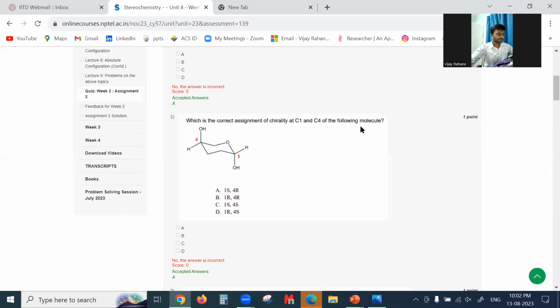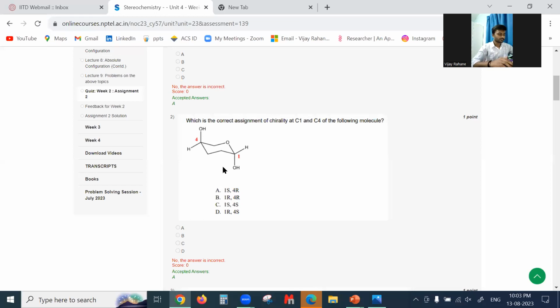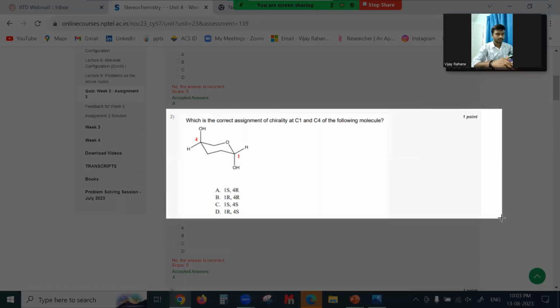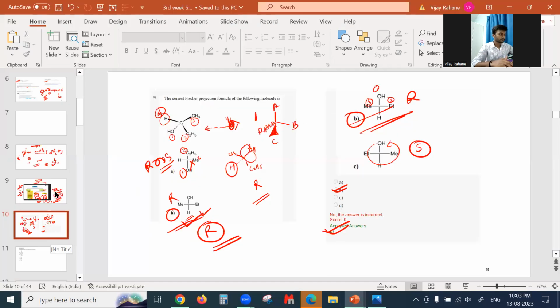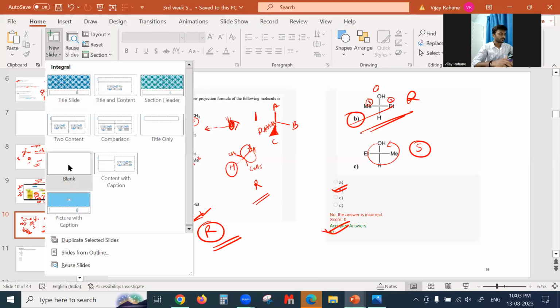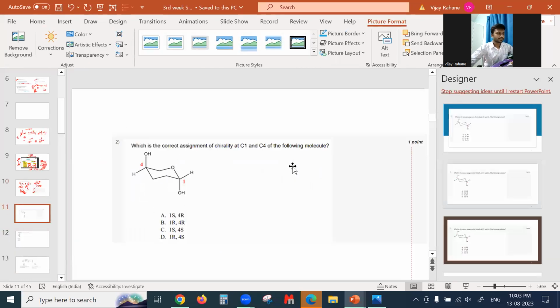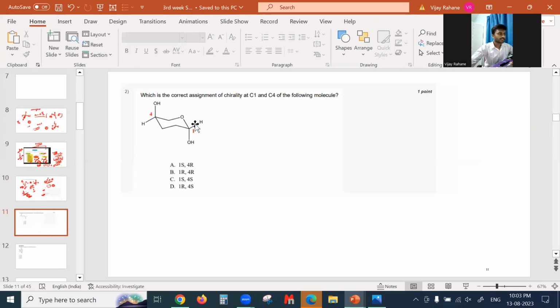Oh, sorry. All right, so this is the question, right? We just need to assign the stereochemistry, and the numbering also they have given.